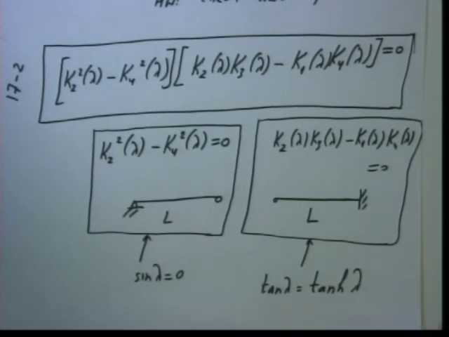Now, what we obtained is an unbelievable conclusion. If there is a 2-span beam with a middle support, then it has the frequencies of a simply supported beam, simply supported at both ends, of half length, L, and of a simply supported clamped beam that has a length of L. It has both frequencies.